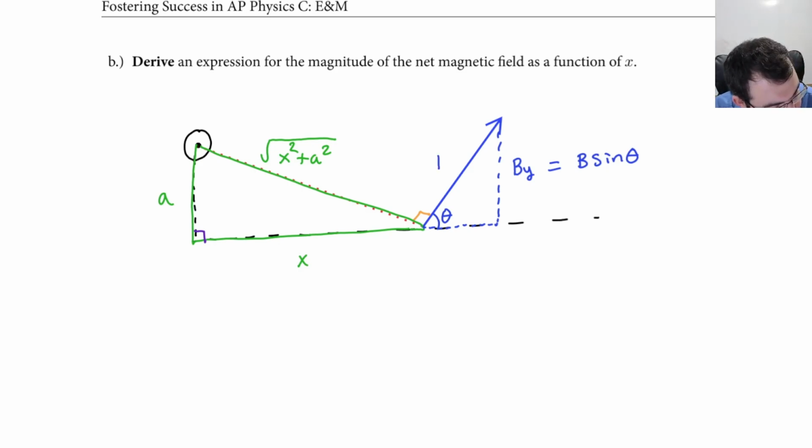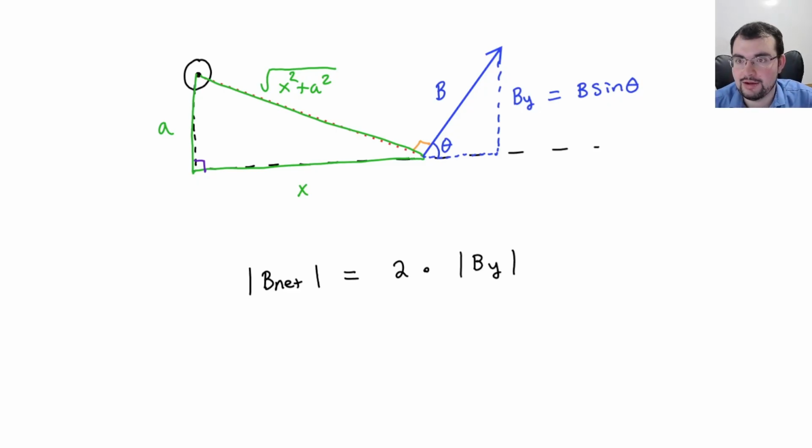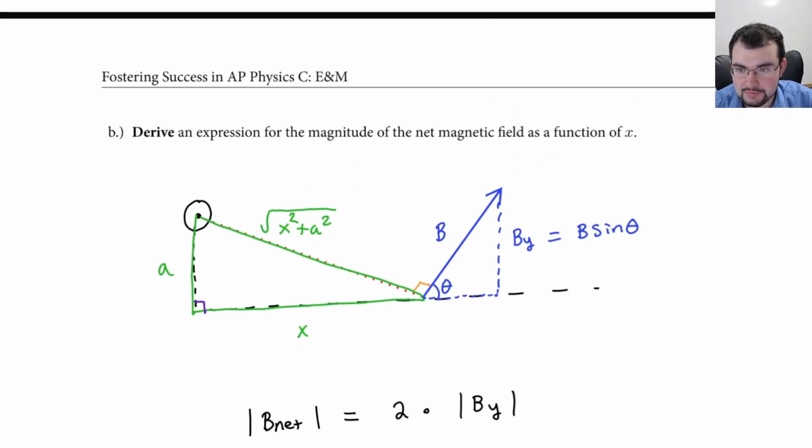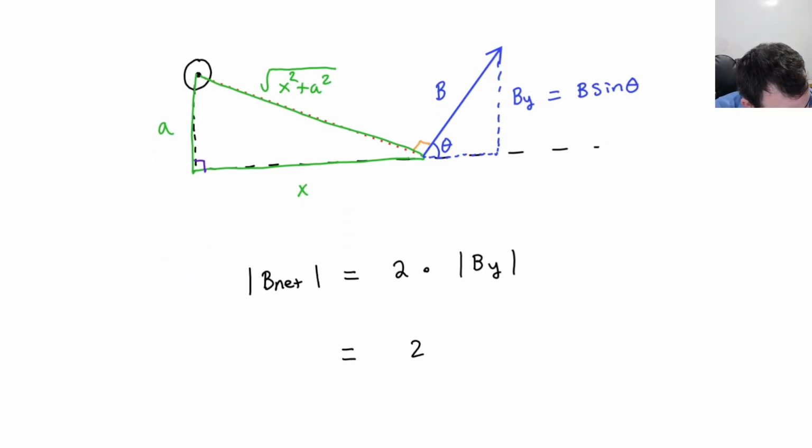So this would be B from one wire. So we're going to have to do some angle tracing in a minute, but let's just start there. We know that the net magnetic field is equal to 2 times the y component of one wire's magnetic field. So now we'll have to do some angle tracing, because we also know this is equal to 2 times B times sine theta. So where does theta go?